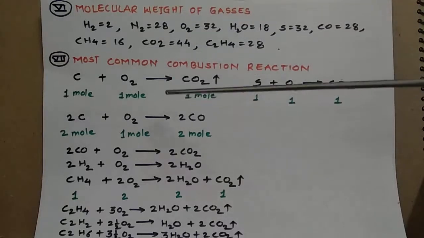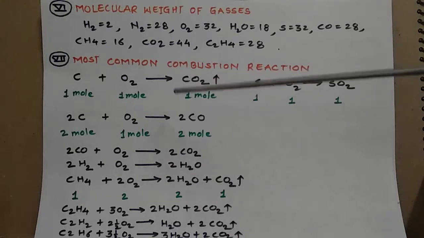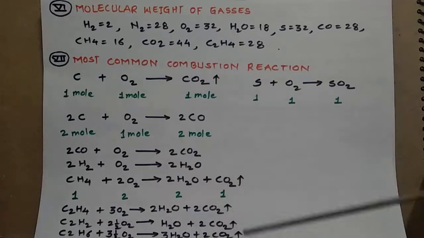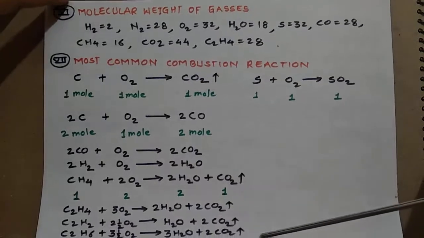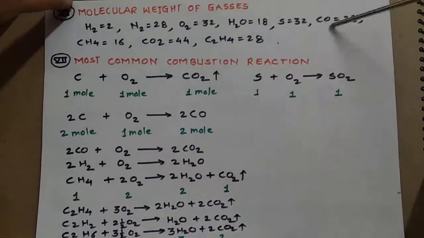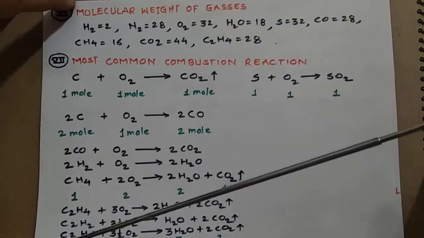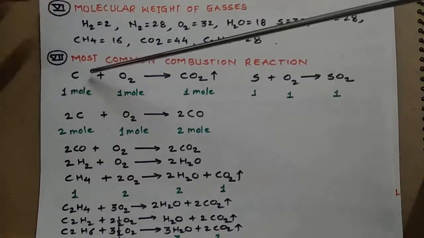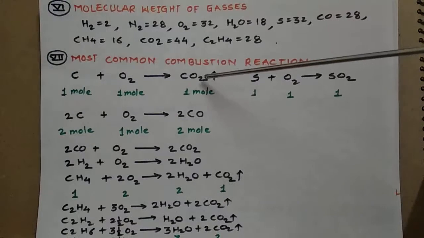Then this is the most important point in combustion calculations. These are some very common reactions that occur during combustion. See the first reaction, C plus O2: carbon plus oxygen produces carbon dioxide.